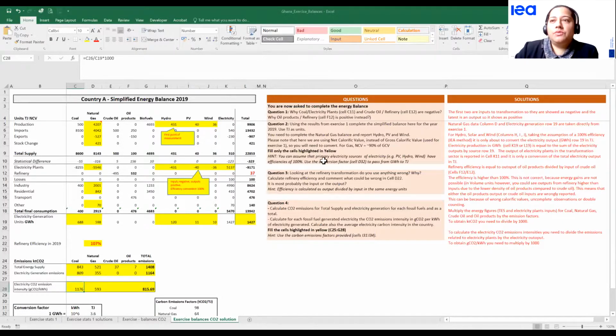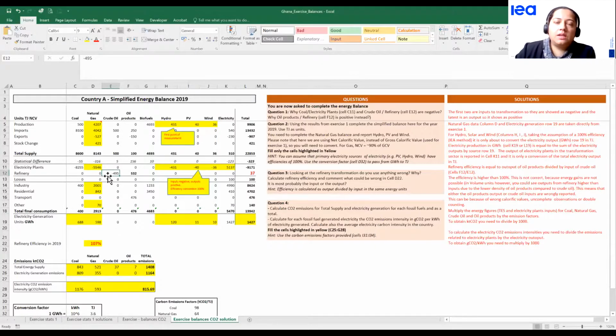And the first question was, why is the coal used in electricity plants, cell C11, and crude oil input to refineries negative? This is what we have seen during the presentation.